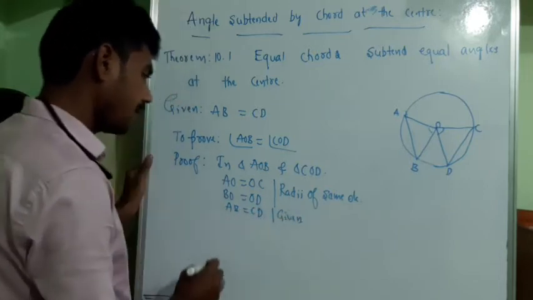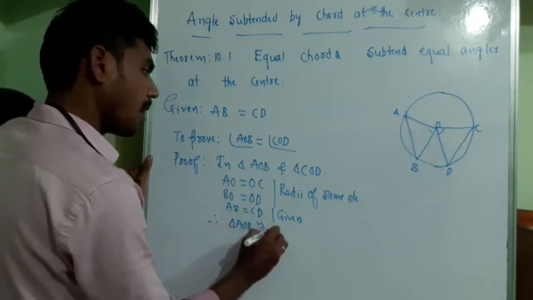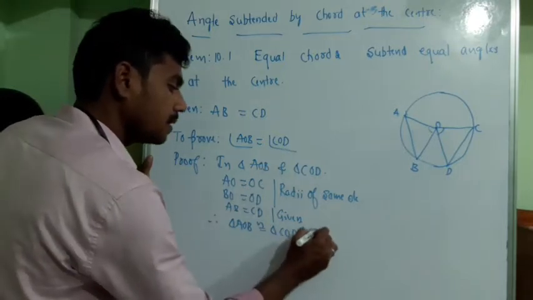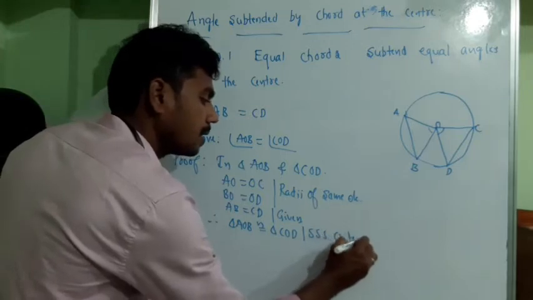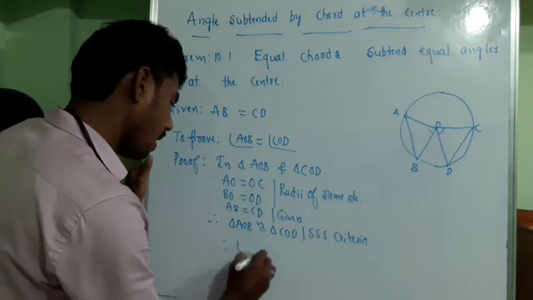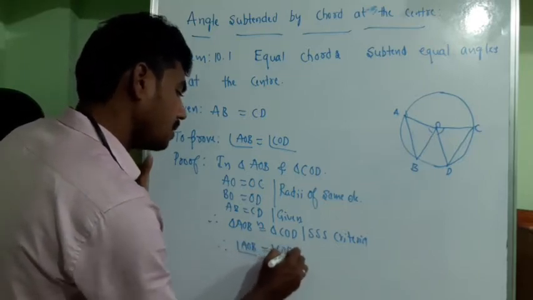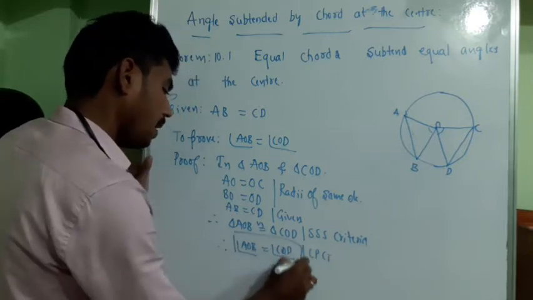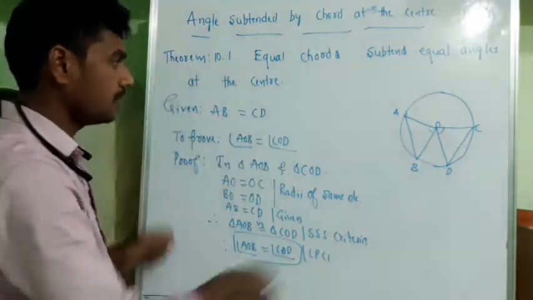Therefore, triangle AOB is congruent to triangle COD, because of SSS congruence criteria. Therefore, angle AOB is equal to angle COD, because of CPCT. We have proved it. Equal chords subtend equal angles at the center. Please note this down.